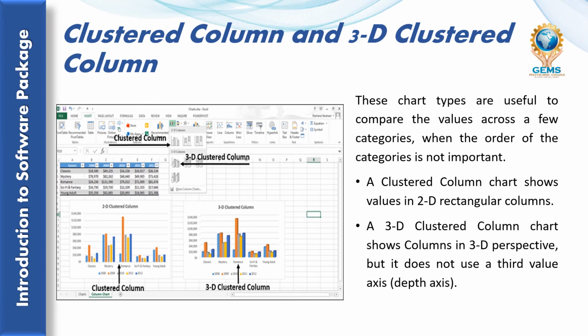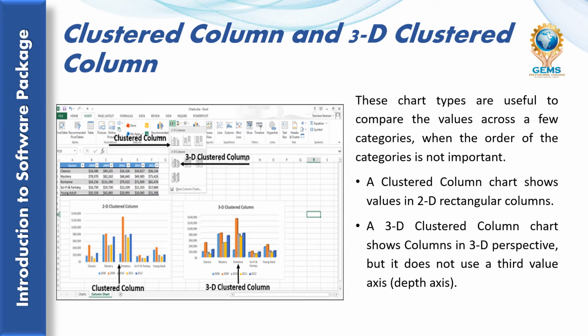This is what we are going to learn: clustered column and 3D clustered column. We know that this type of chart is very useful for comparing values across a few categories.